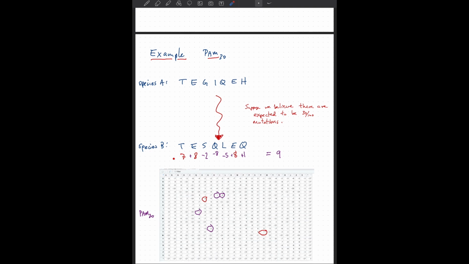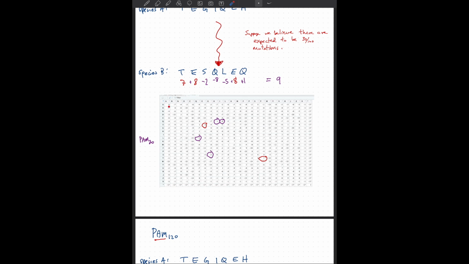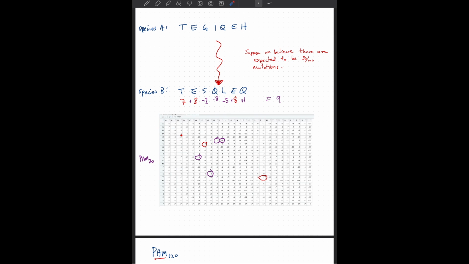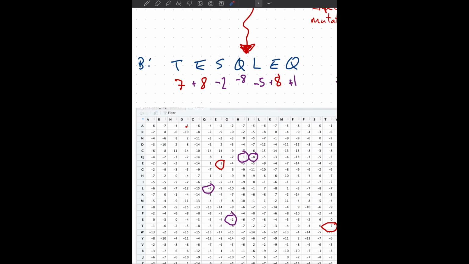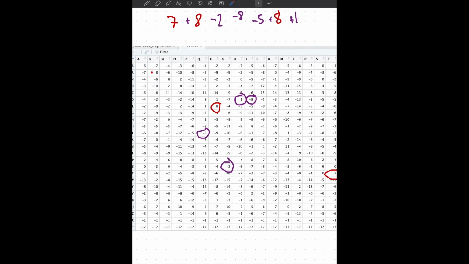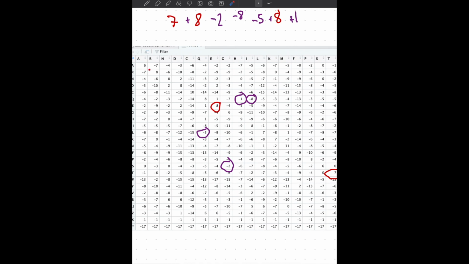The second thing I'd like you to look at is the diagonal of these matrices. Now this is PAM30, and when you look at it, maybe I can zoom in a little bit. You'll notice on the diagonal of this matrix that the values are all very positive, and the off diagonals are extremely negative, like minus 17.